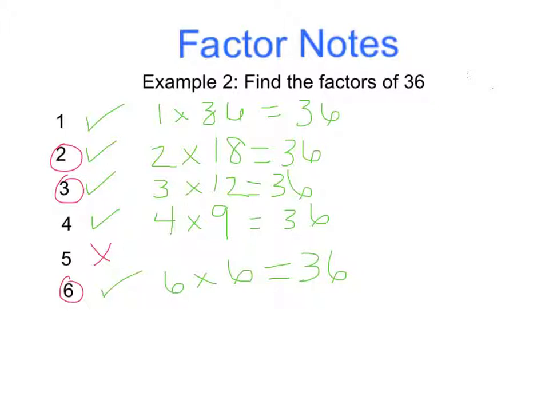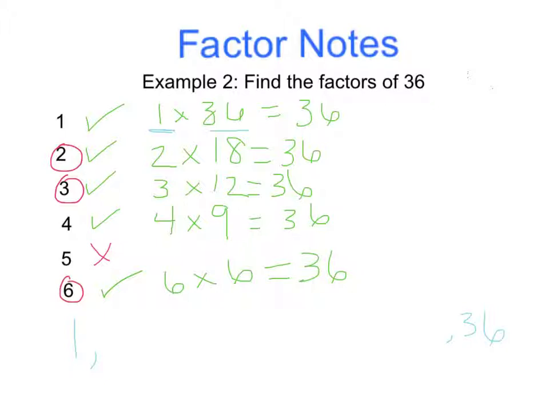So now that we're all done testing the numbers, we need to write out all the factors of 36. We're going to first start with our smallest number, which was 1. We're going to write down 1 way over here, and then we're going to write down its pair, 36, way on the other side, because we know that 1 is the smallest factor of 36, and 36 is the largest factor of 36.